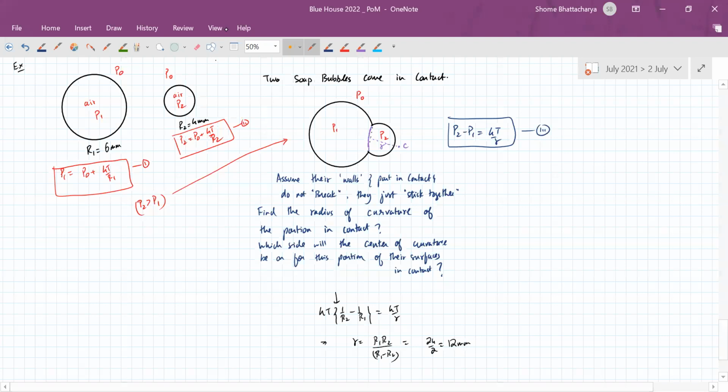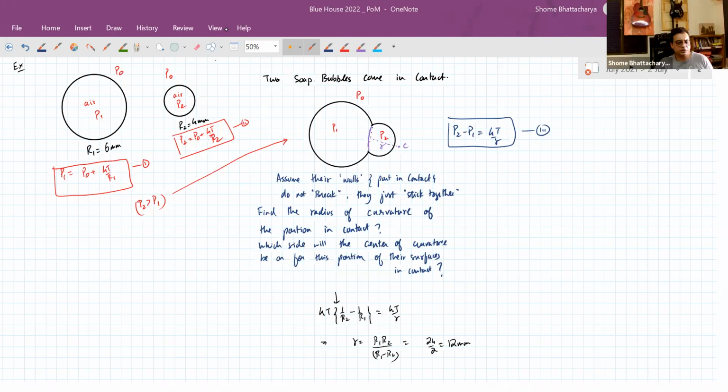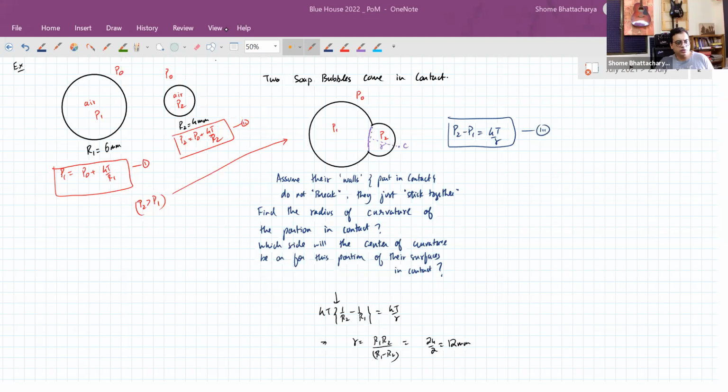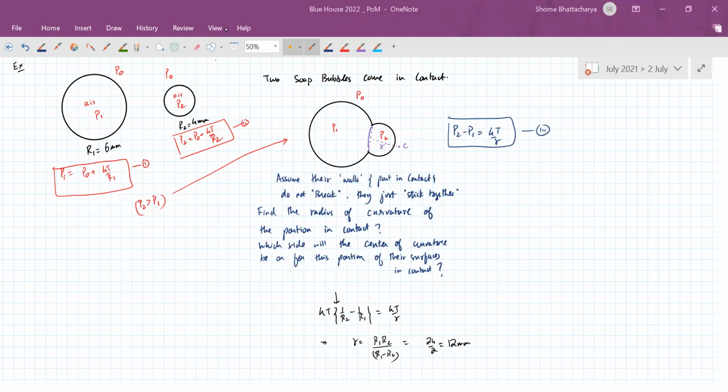And you can see the direction, the side on which the center of curvature is there. They're on the right side, no? With greater pressure. Yes. So it will be concave towards the side which has the smaller radius of curvature. I mean, the smaller bubble will have the concavity. It will be convex on the side of the larger bubble.